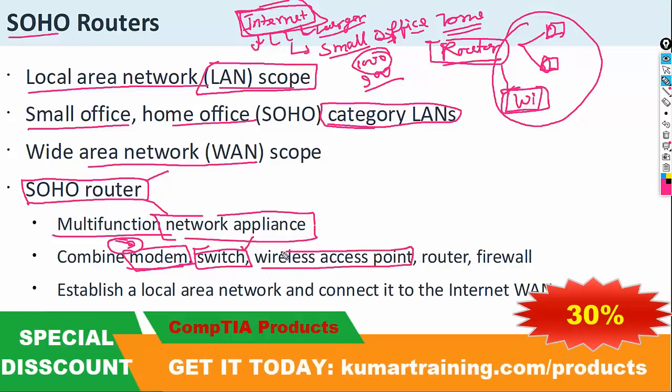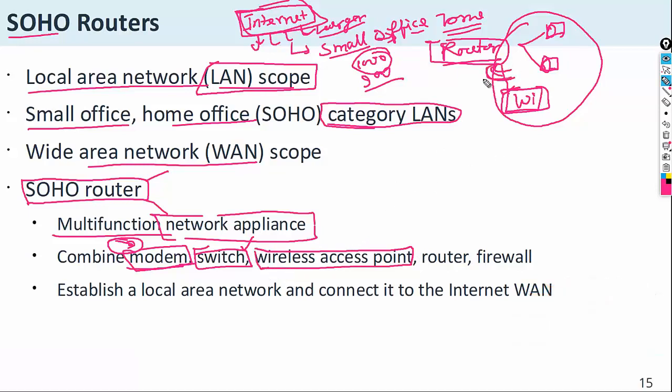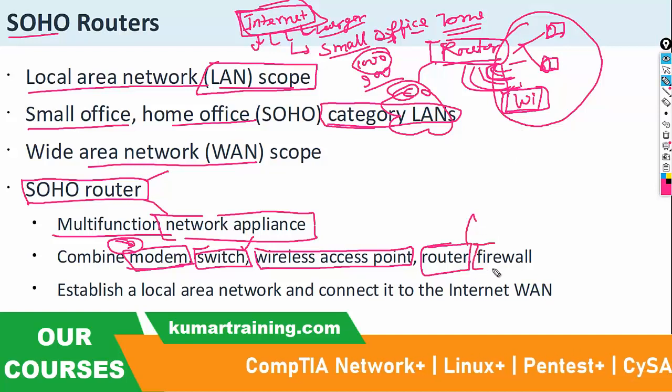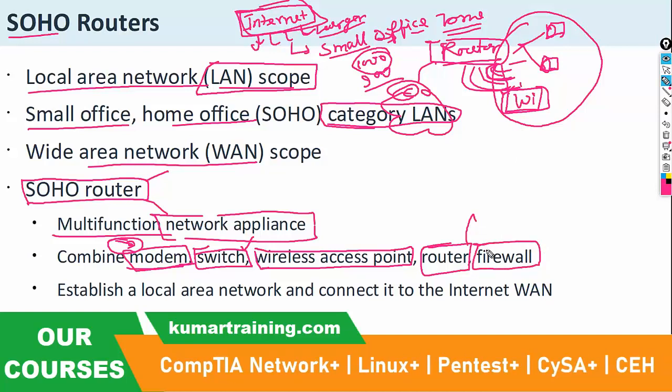And of course there is a WAP, wireless access point, because a router has an antenna which broadcasts the signals and allows wireless devices to connect with the same router and use the network. It is also working as a router. Why? Because one port is a WAN port connected to the internet, and other ports are connected to the LAN. So it is working as a router and sometimes as a firewall.